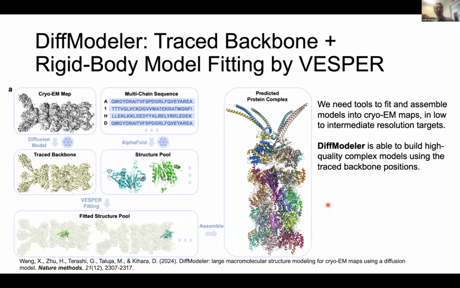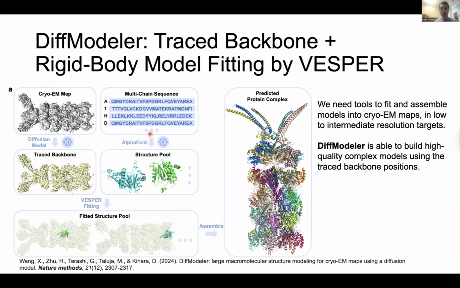Okay, then the next modeling tool is DiffModeler. DiffModeler uses diffusion models to enhance the backbone positions. Then using the traced backbone positions, it performs rigid body fitting by our VESPER. So the input density map is enhanced by the diffusion model, and the backbone positions look much sharper.